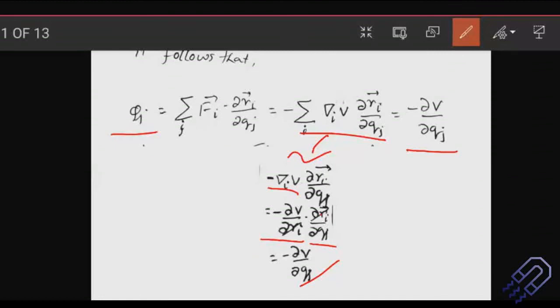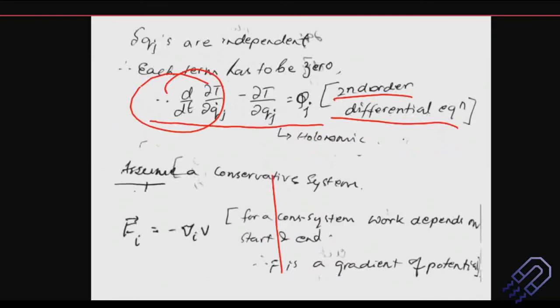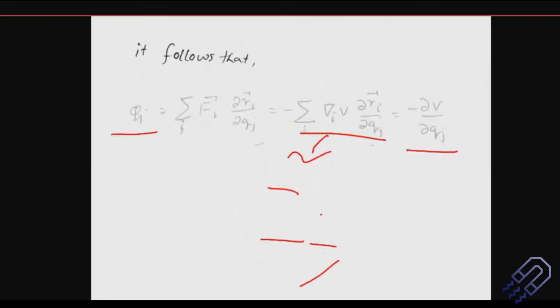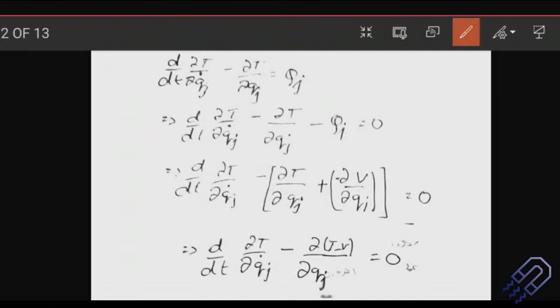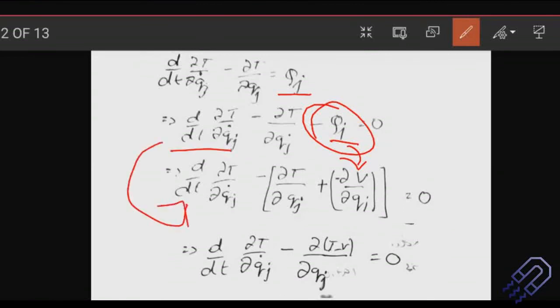So we have already done a lot of things. We already have a term Qj here, and we are going to replace it. Let's see what happens after replacing. You take this term on this side, and this term stays the same: d/dt of delta T by delta qj dot, minus delta T by delta qj, and Qj is nothing but minus delta V by delta qj.